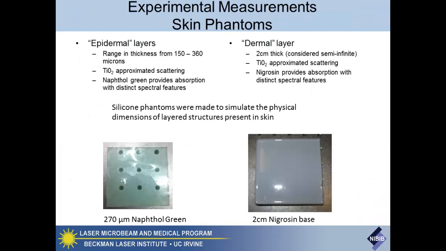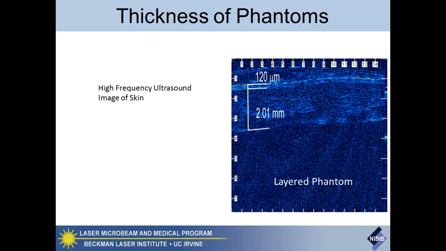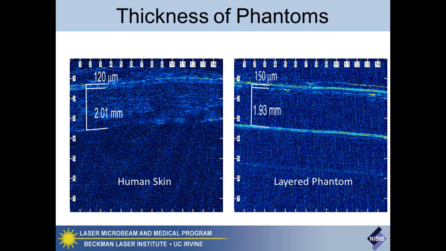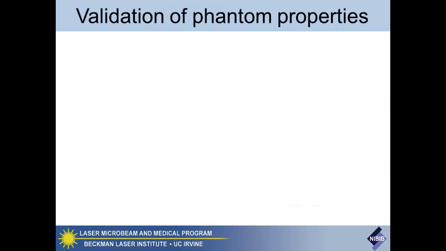So we wanted to experimentally validate that. We used silicone phantoms where we could have discrete optical properties and discrete layer thicknesses, stack them, and ask whether we can do the same thing in a physical measurement. Of course, we fabricated these phantoms to mimic the actual structure of tissue itself. Here is a high frequency ultrasound image of skin versus this stacked phantom.